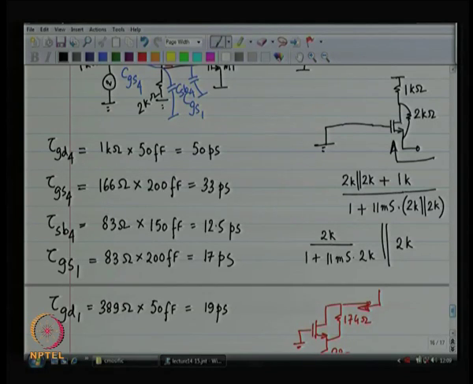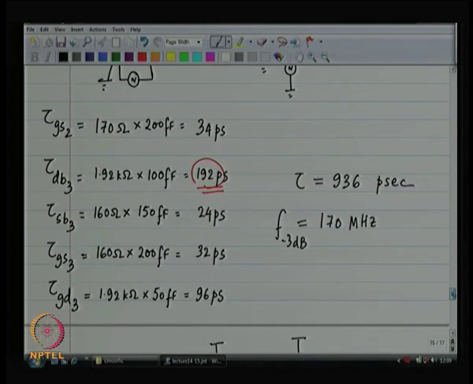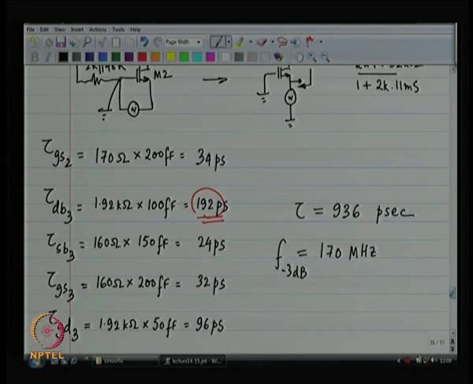So, let me do my sum total. I have got 50 pico, 33 pico, I have got 12.5 pico, I have got 17 pico, and I have got 19 pico. 131 pico in total. Device number 3 remains identical, device number 2 remains identical.